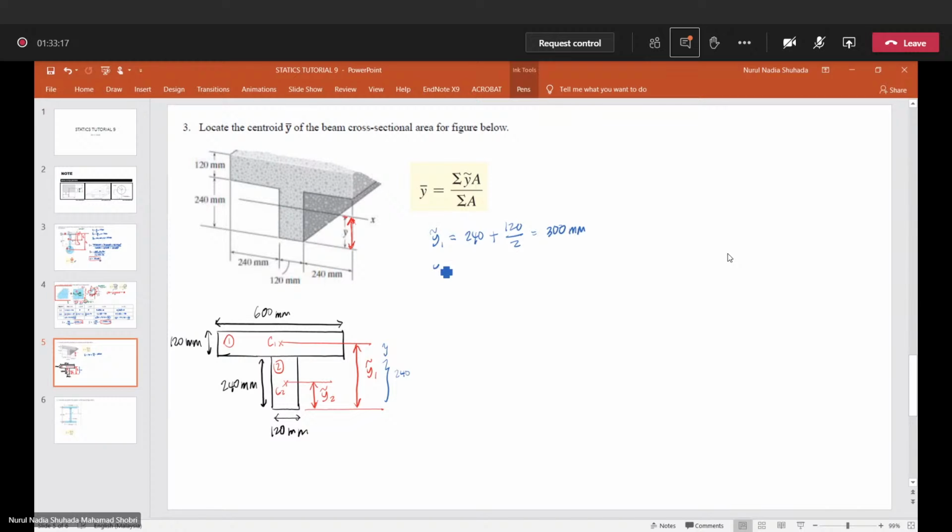For y2, you can just divide by 2, which is equal to 120 mm. So we already know the y here, so we can directly calculate the centroid y of the whole beam.